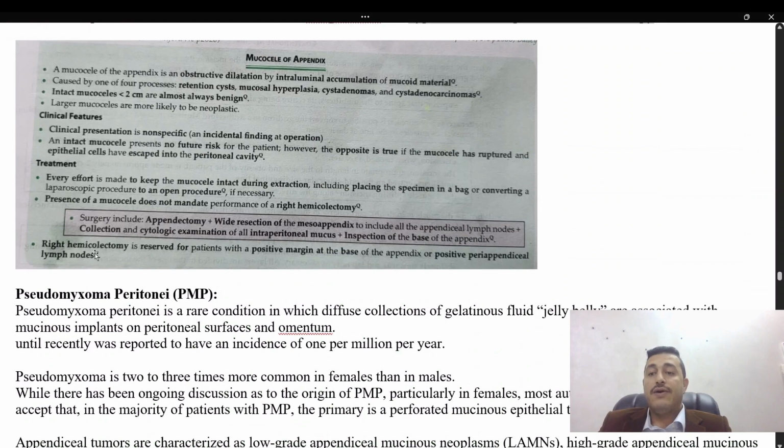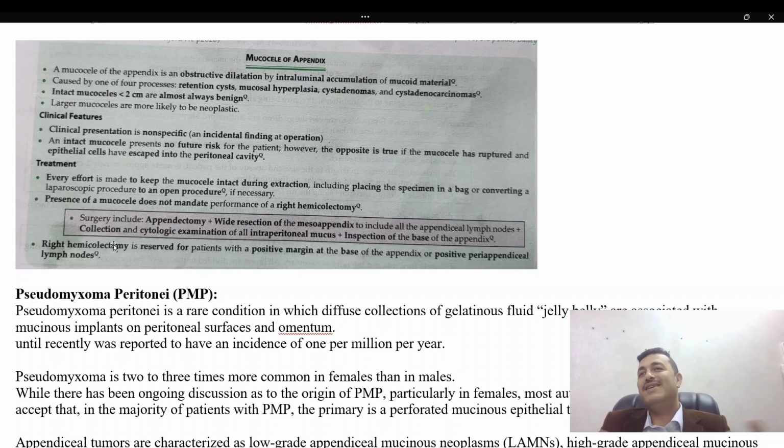Here you can see right hemicolectomy is reserved for patients with positive margin at the base and/or positive lymph node. The classic treatment: I proceed for a patient with appendicitis, and I suspect mucocele of the appendix intraoperatively. Please do not rupture the appendix.